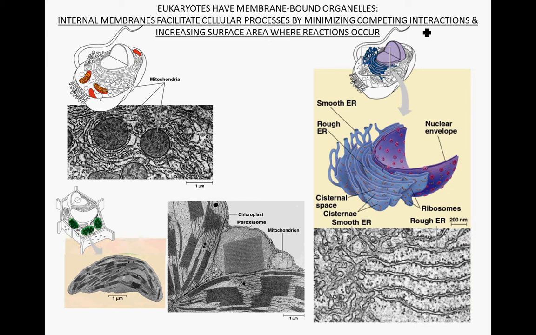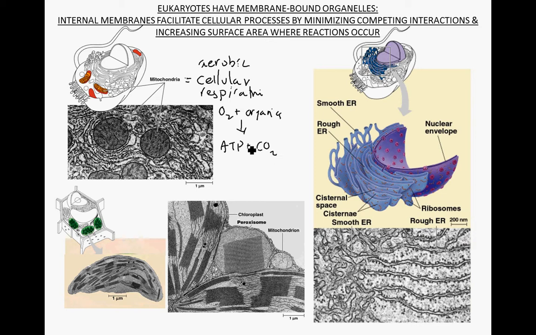So the internal membranes are facilitating cell processes. For example, the mitochondria here are helping to facilitate cellular respiration, at least aerobic cellular respiration, where oxygen and organics are converted into ATP and CO2.